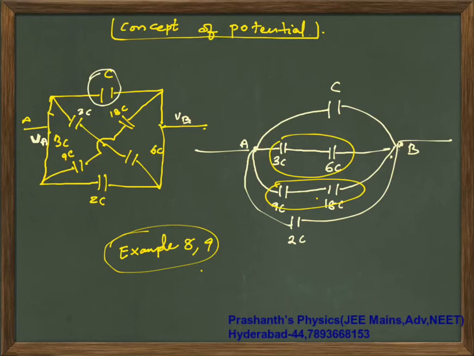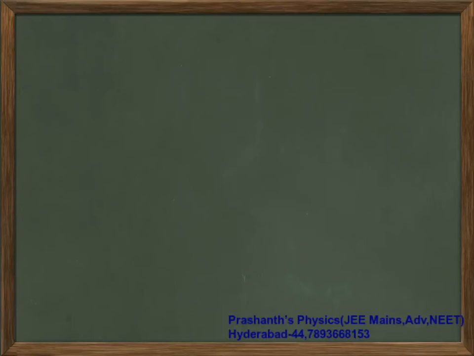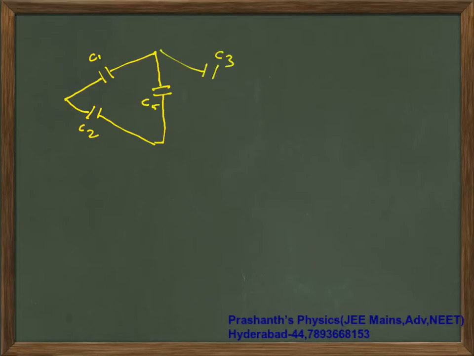And the Wheatstone bridge also has exactly the same condition. Previously you had R1 R2 equal to R3 R4, so do the same for capacitors as well. If you have C1 and another capacitor C2, and in between there is some other capacitor C5, and capacitors C3 and C4 like this.